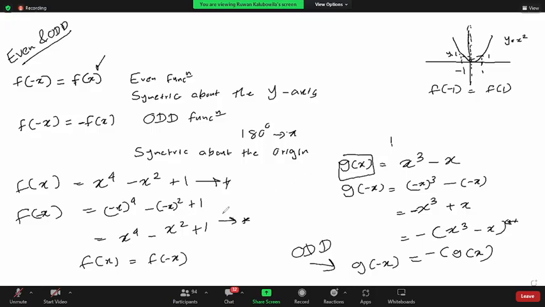For ease, we are naming those odd or even, but those are general functions. Now today we have to learn another category of functions, that is trigonometric functions. So I will teach from the basics.